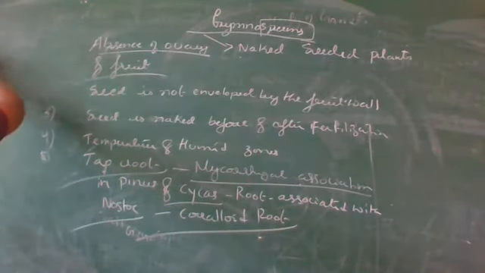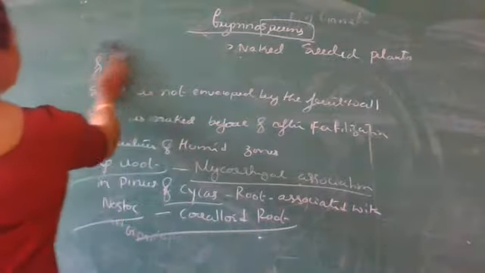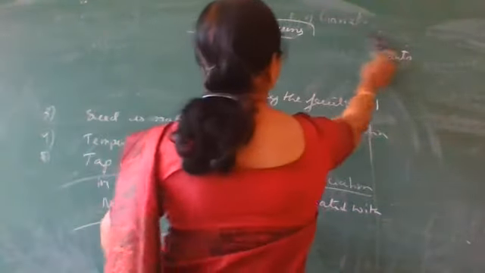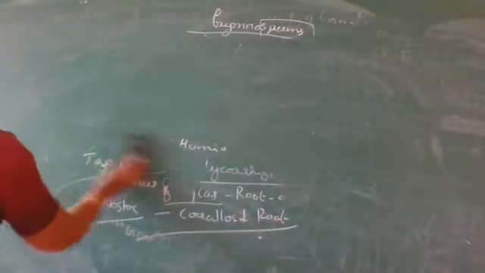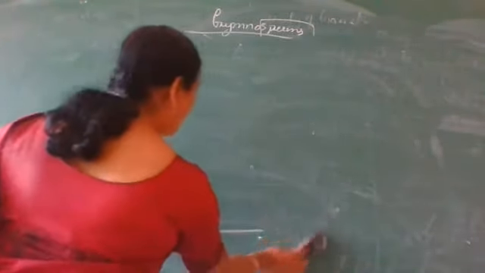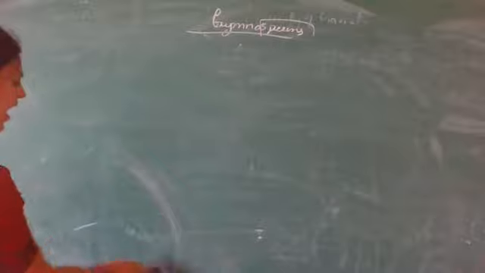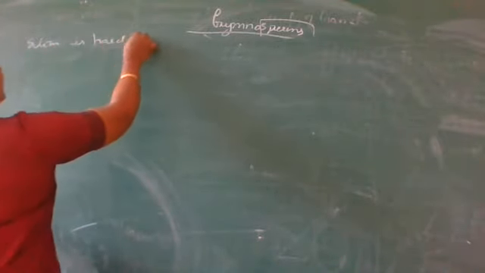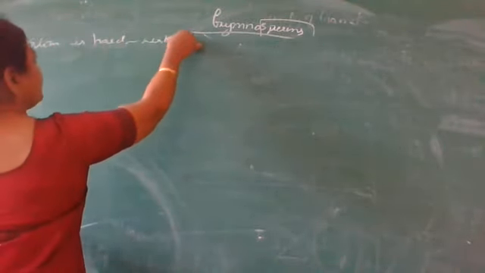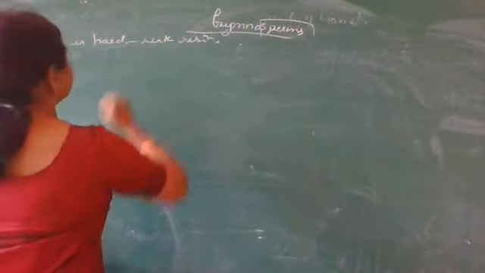Then the stem of these plants is very hard. Stem is stout, woody and hard. Stem is hard with resin. Some gymnosperms have resin ducts.